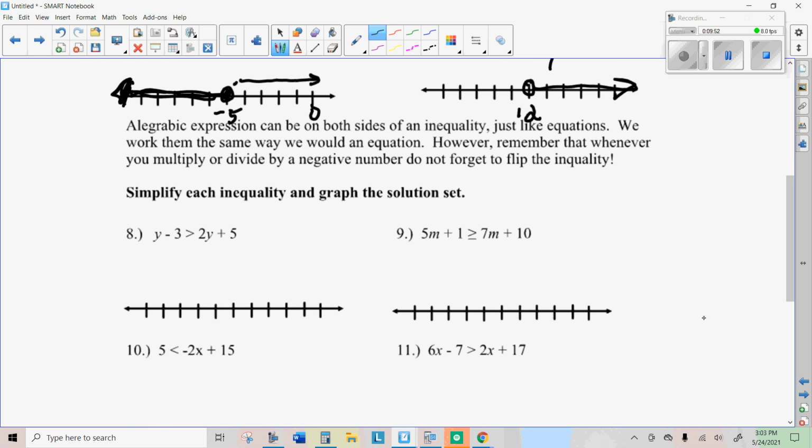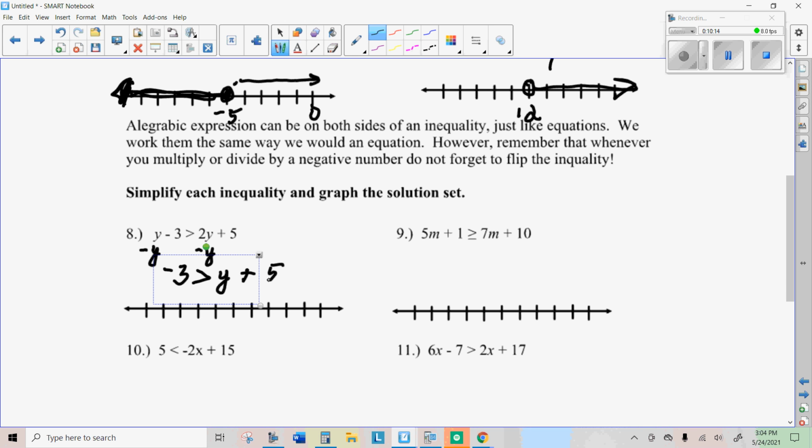You can also have inequalities like equations where you have the variable on both sides. Now when you have that, you have to do the balance to get it so you only have the variable on one side. So I might subtract y away from both sides, take away the y. Then I would get negative 3 is greater than 1y plus 5.